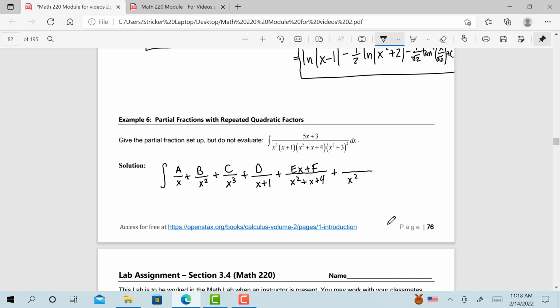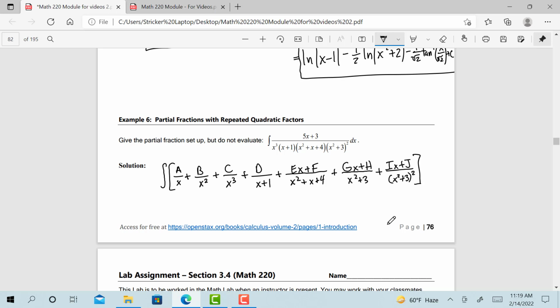We have x squared plus 3, but then we also have x squared plus 3 squared. This is much like the x cubed that we dealt with at the beginning. So the top of this one is going to be linear, gx plus h, and then the same goes for the last one, ix plus j.